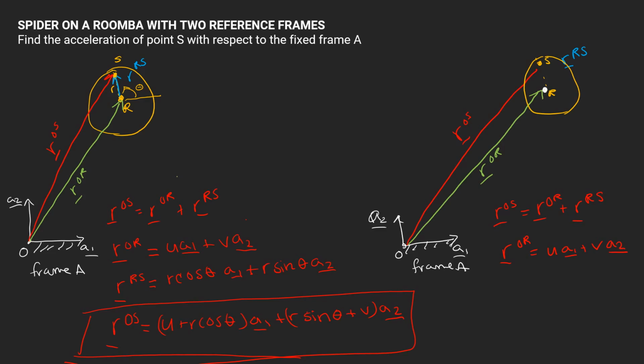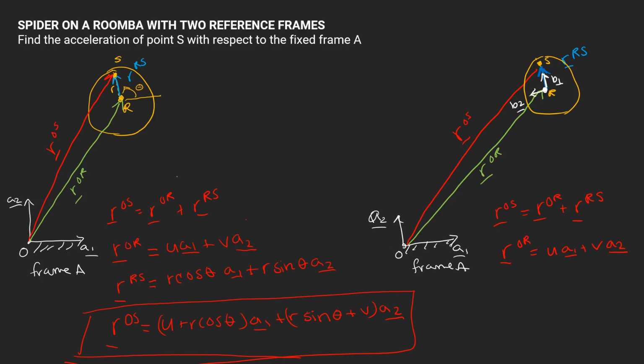Sorry, I accidentally deleted my point R. Remember, this is our RRS vector. I'm going to actually align my B1 vector right in the direction in which the spider is moving.